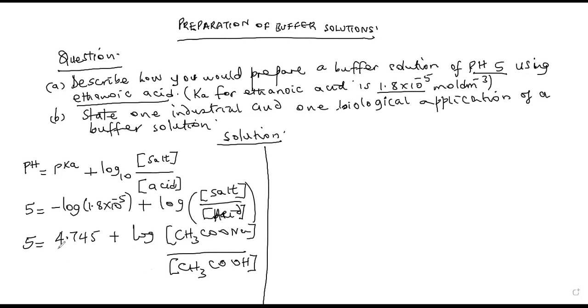Now, when you bring this one this side, it will be 5 minus 4.745, and this will give us 0.255, equal to the logarithm of the ratio of the concentration of sodium ethanoate out of the concentration of ethanoic acid.